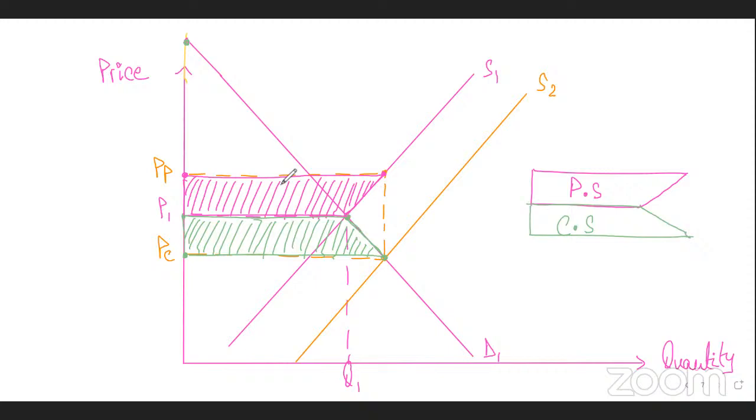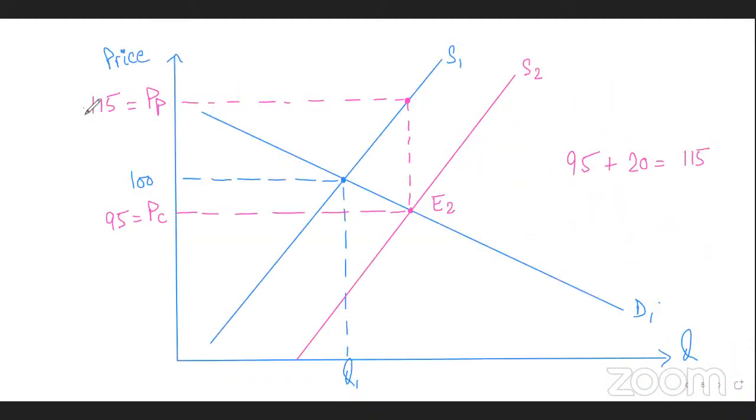Think about it, right? The amount of per unit subsidy is the difference between PP and PC. Have a look at this. In this case, it was 20 rupees, right? So 20 rupees was subsidy per unit.